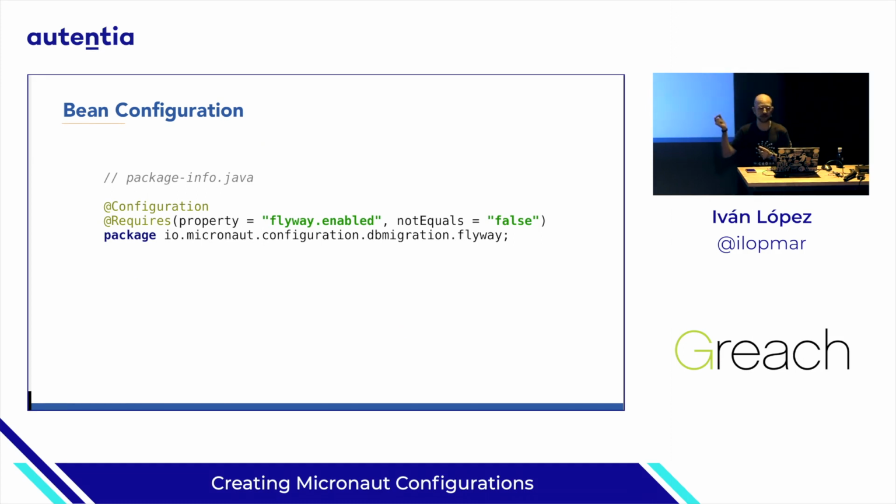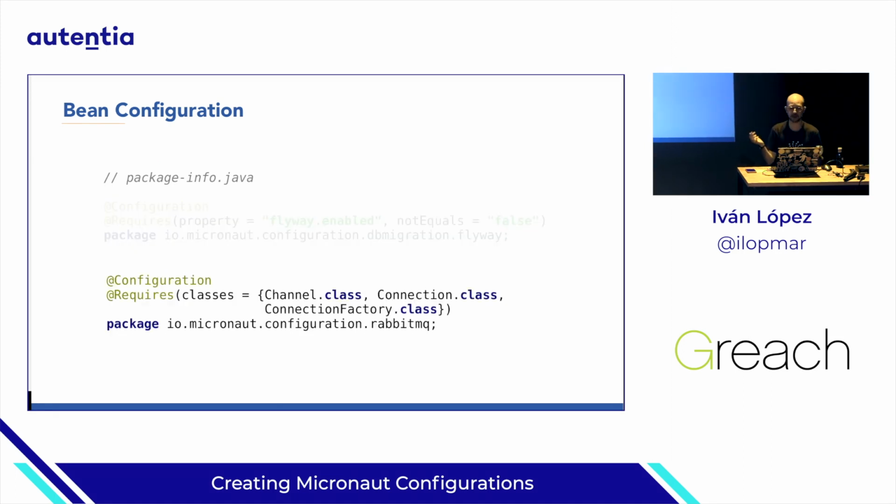If it's set to false, meaning that you want to disable migrations, then none of those beans are going to be created, because if you want to disable the migrations, you don't need the beans at all, right? You put this on the package-info.java as some kind of shortcut to avoid annotating all the beans inside your configuration with the same one, right? It's like a shortcut that you put on some kind of top-level file.